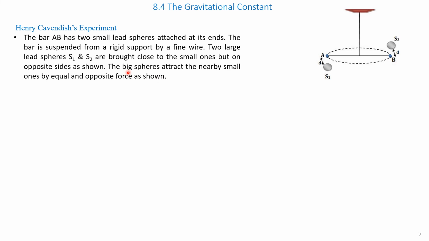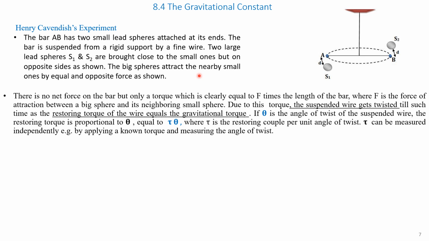As shown, the big spheres attract the nearby small ones by equal and opposite forces. This is the force of attraction, shown here by the arrows, separated by a distance d. Therefore, there is no net force on the bar but only a torque, which is clearly equal to F times the length of the bar.